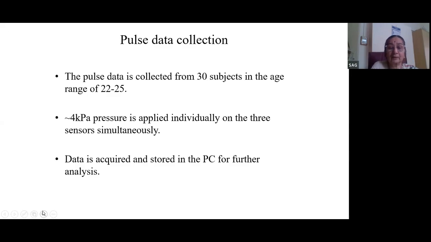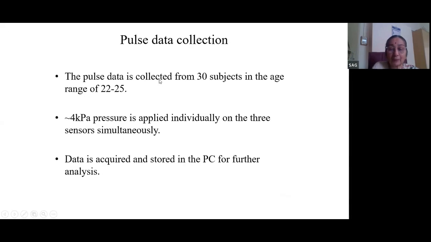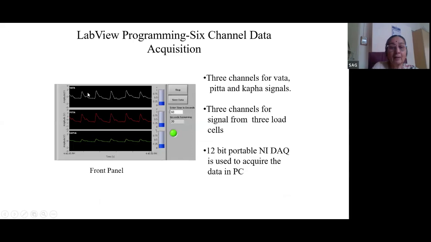So the Nadi Vaidya was present for the experiment simultaneously. For analysis of the pulse, we took the amplitudes of the different pulses like this, to check whether Vata is dominant, Pitta is dominant, or Kapha is dominant.